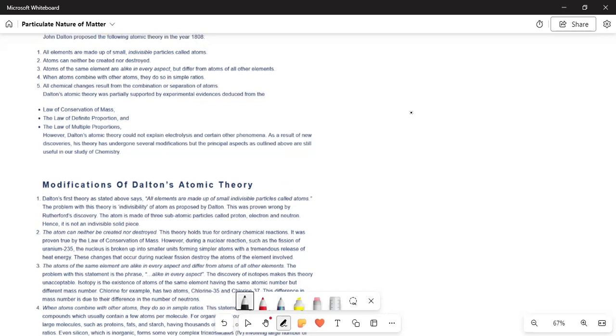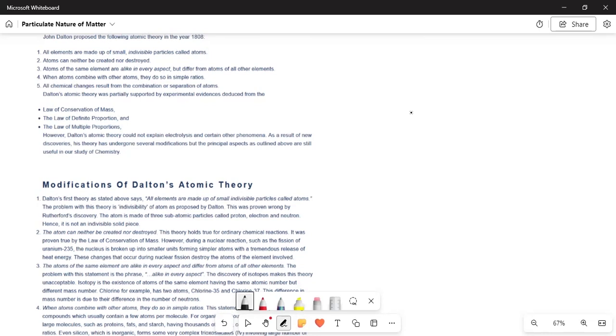So John Dalton proposed the following atomic theory in the year 1808. The first theory says all elements are what? Made up of small, indivisible particles called atoms. While the second theory says atoms can neither be created nor destroyed. That is, when you carry out a chemical reaction, atoms are neither created nor destroyed.